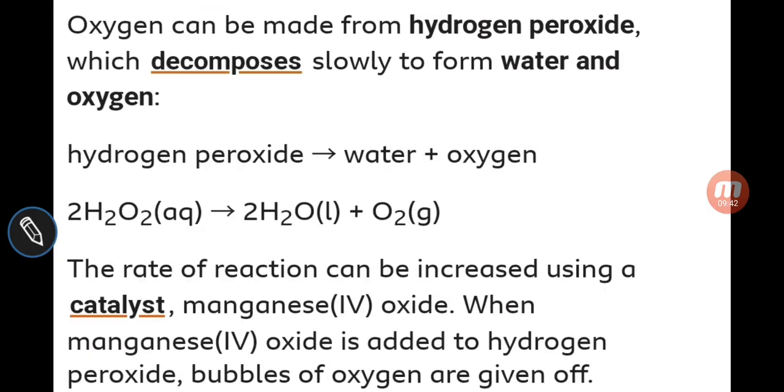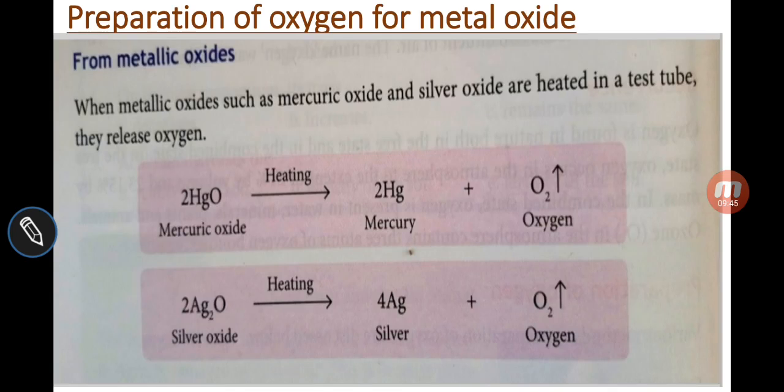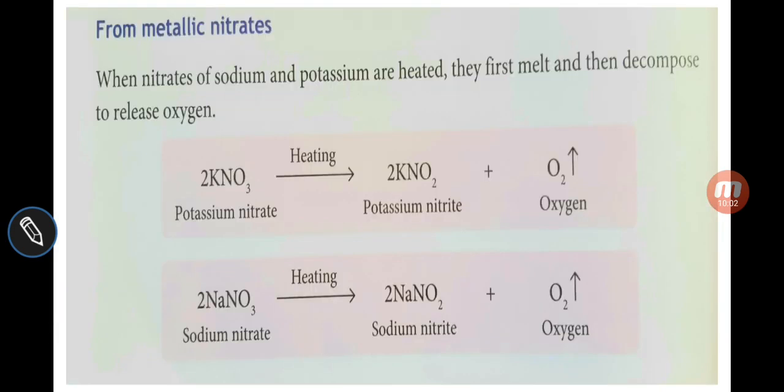The next process is preparation of oxygen from metallic oxide, and in this case we get oxygen by heating metal oxide. We get metal and oxygen. The third process is from metallic nitrate, and here examples are given: potassium nitrate and sodium nitrate. On heating, they form potassium nitrite and sodium nitrite along with oxygen gas. So in this case you can also get oxygen.